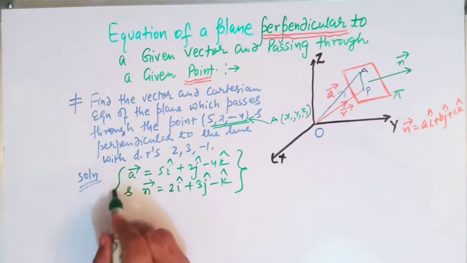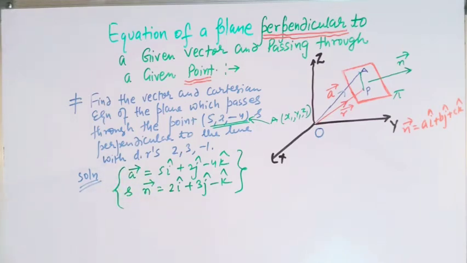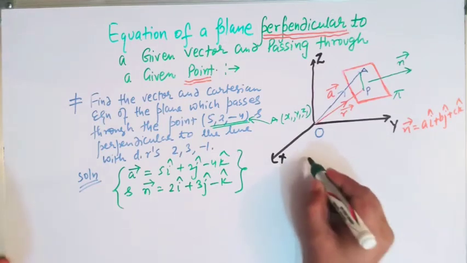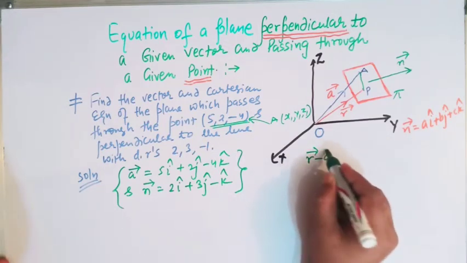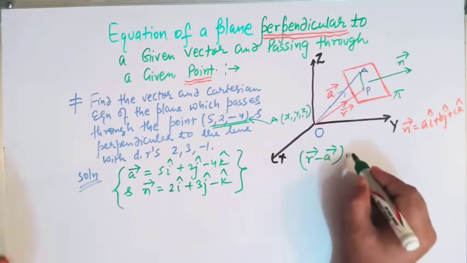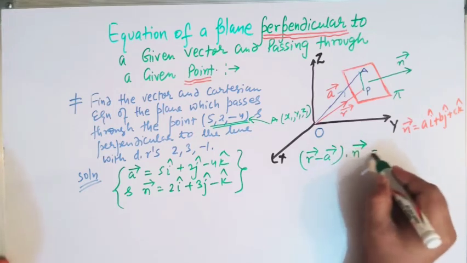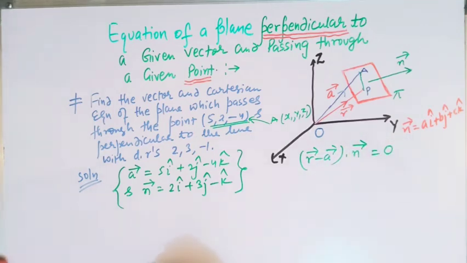So here we are given these two vectors, and now we have the vector equation as vector r minus vector a dot vector n is equal to 0, right?